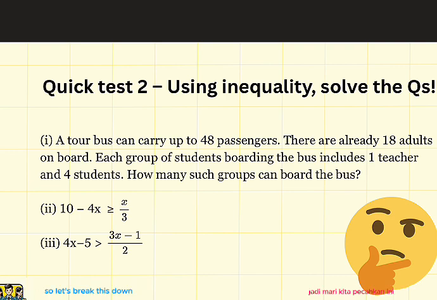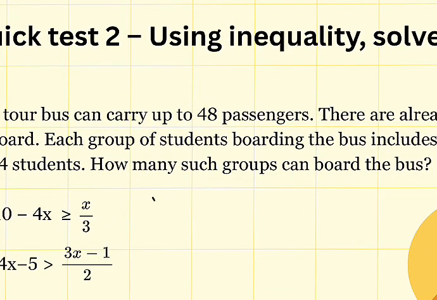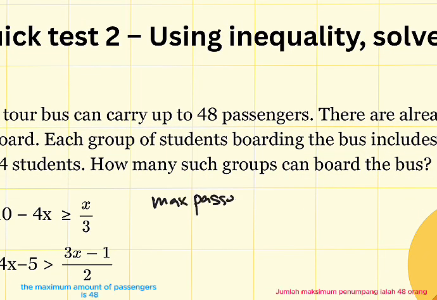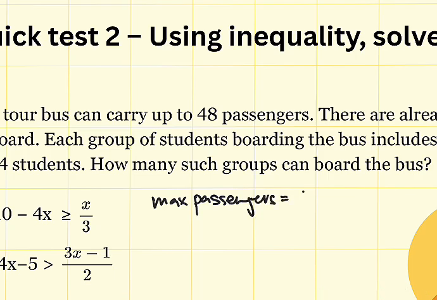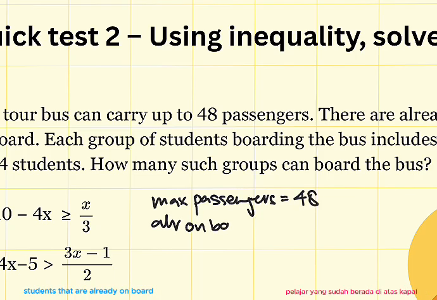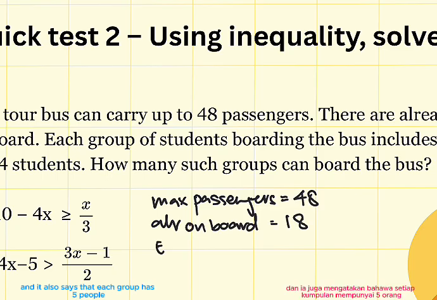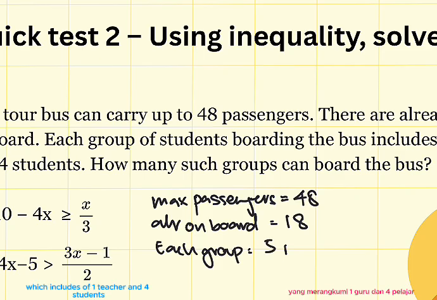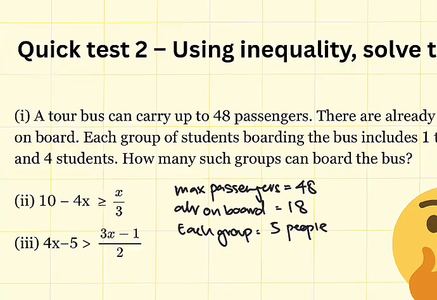So let's break this down. The question says the maximum amount of passengers is 48, and there are already 18 people on board. It also says that each group has 5 people, which includes 1 teacher and 4 students.